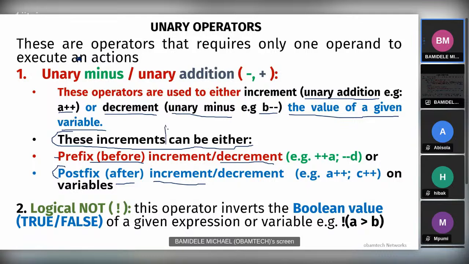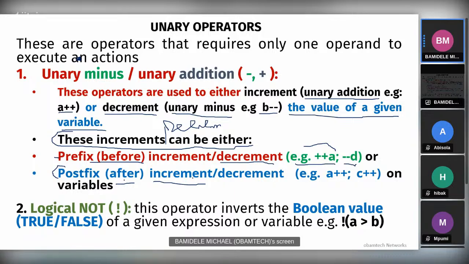This increment or decrement can either be prefix, before, or postfix, after. The indication of a prefix increment is plus plus a, and a prefix decrement is minus minus d.